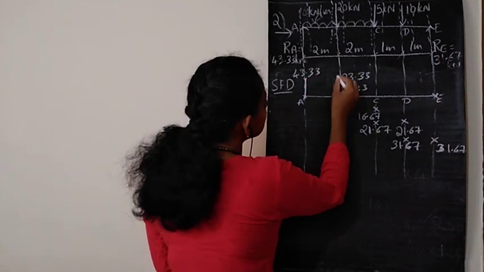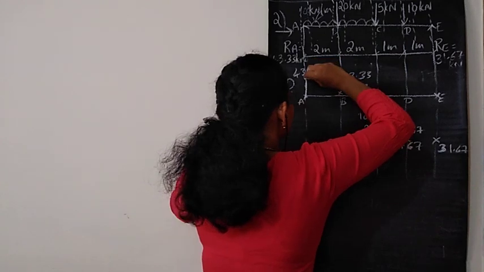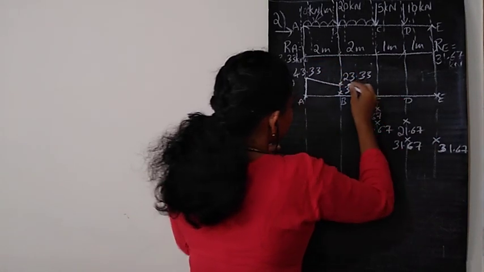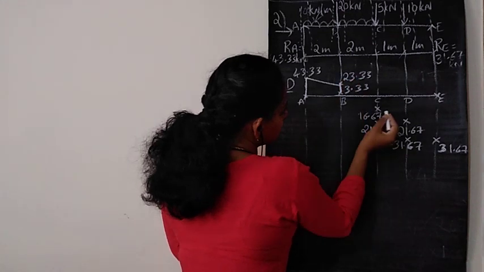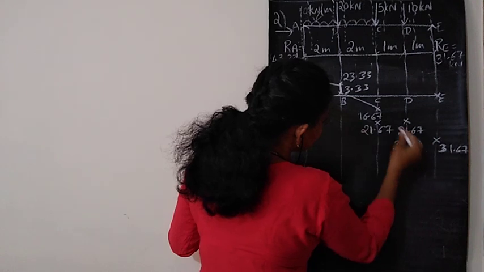The line. For UDL, it will be a slope line. Just mark. Next will be 16.67 like this.